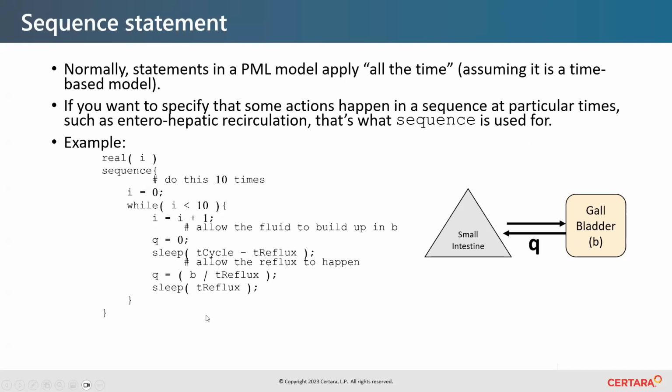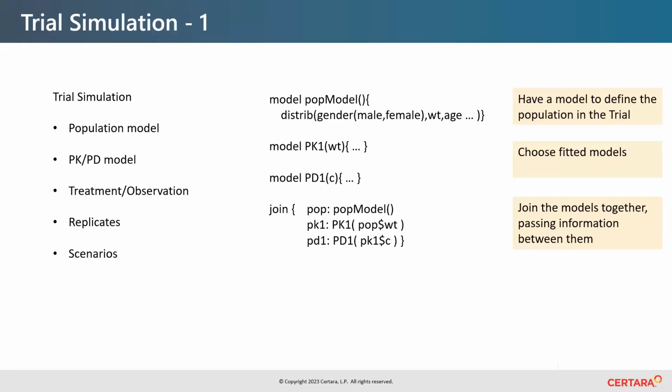So let's see if I can go forward here. Okay, so once you've gotten a model, how do you use it for something like modeling a trial? The idea in trial simulation is you want to know the power of a trial, so you need to do it many times.